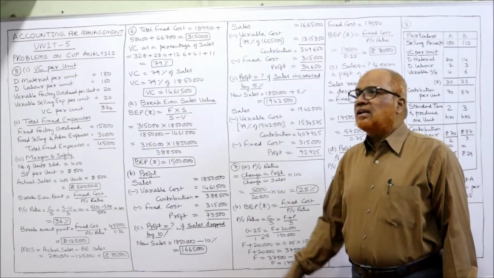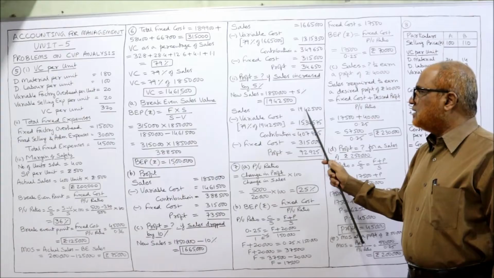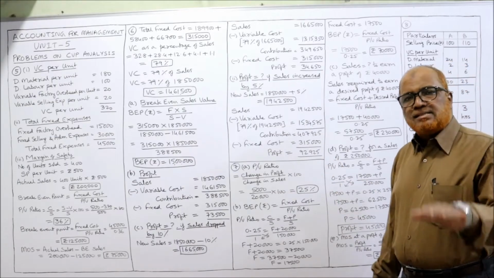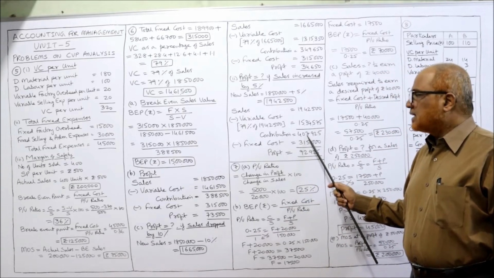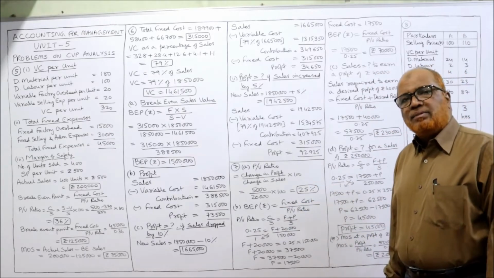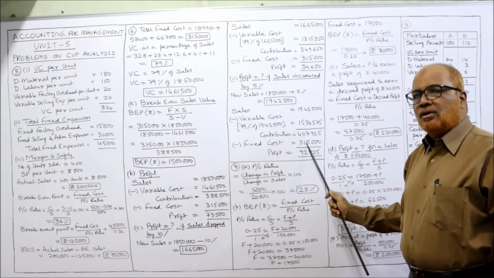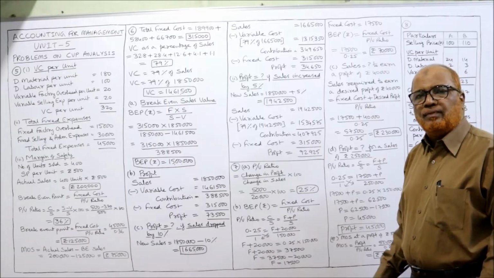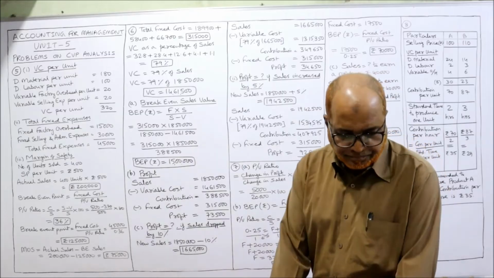Variable cost is 79% of sales. So 79% of 19,42,500 is 15,34,575. Subtract, sales minus variable cost, we get the contribution, 4,07,925. From this deduct the fixed cost, 3,15,000. So the profit we got is 92,925. That's all. This is the end of problem number 6.